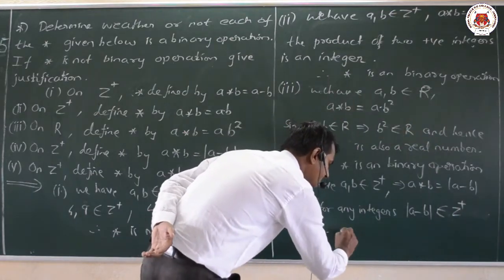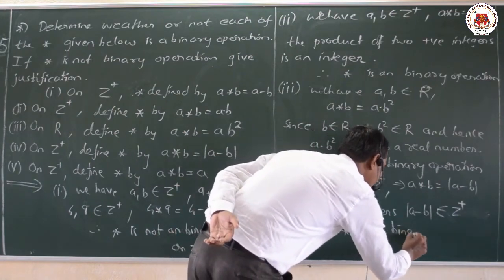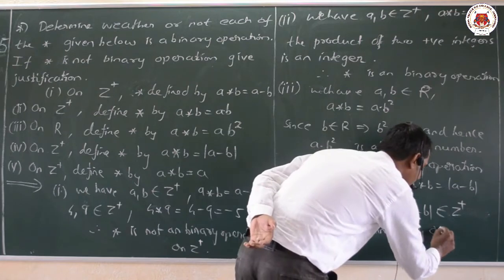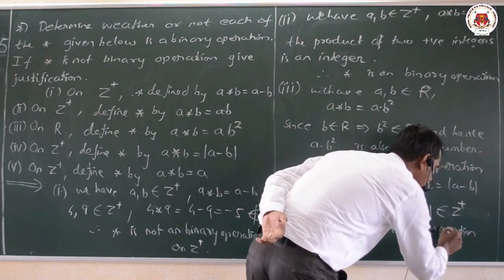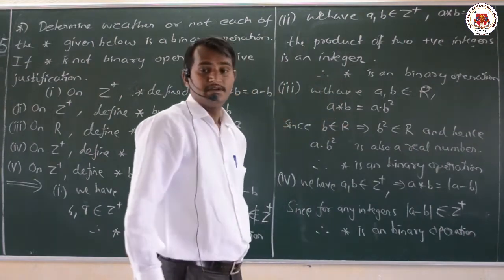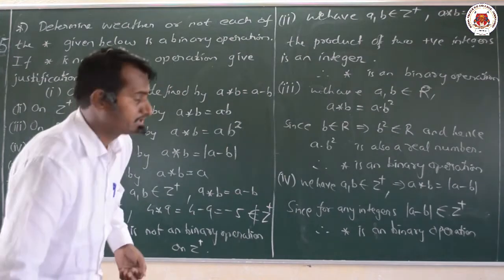Therefore star is a binary operation. Very simple example related to binary operations.